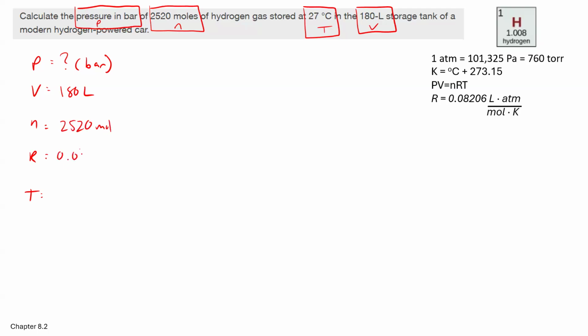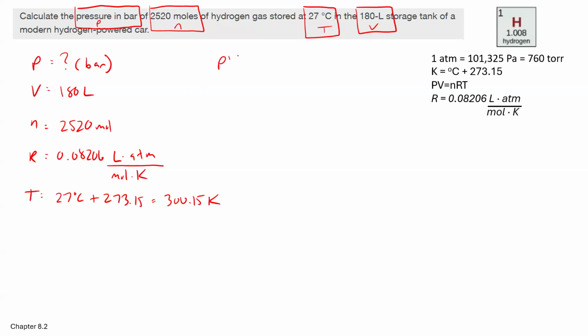R is 0.08206 liters ATM over moles Kelvin. Temperature is 27 degrees Celsius plus 273.15 equals 300.15 Kelvin. I think we're done with conversions.